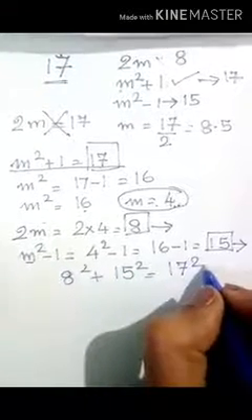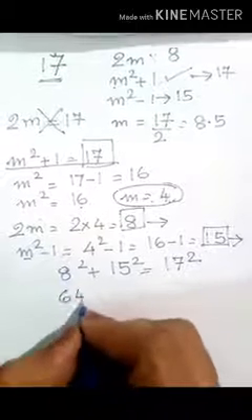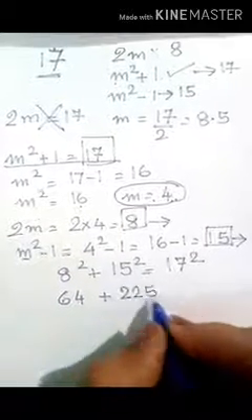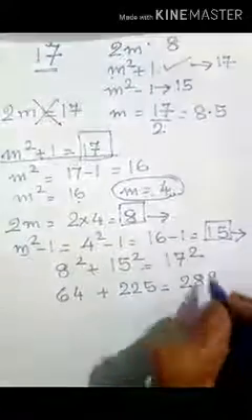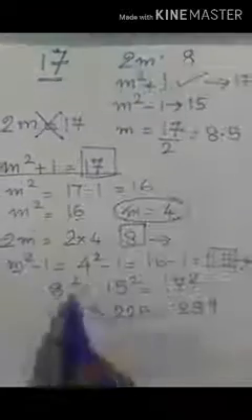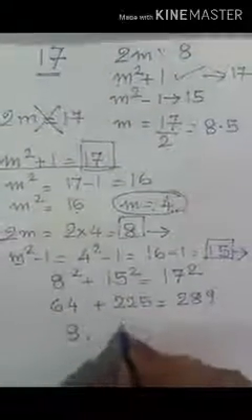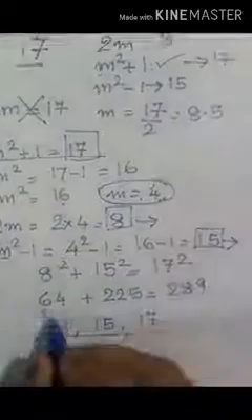Now check the value. 8 square is 64, 15 square is 225, and the sum of these two should always give me 289, which is 17 square. Check whether you're getting this or not. So 8, 15 and 17 form the Pythagorean triplet.